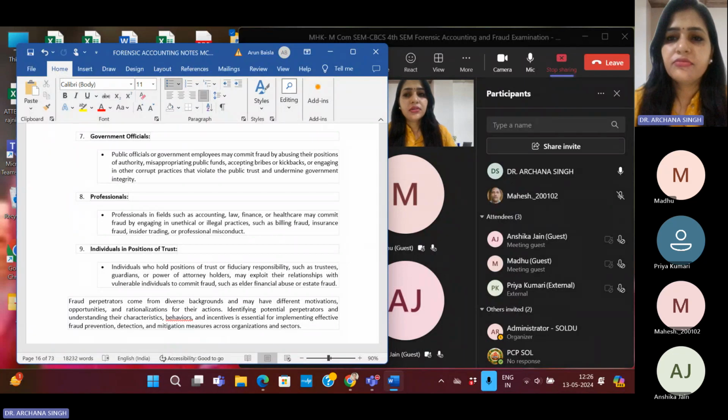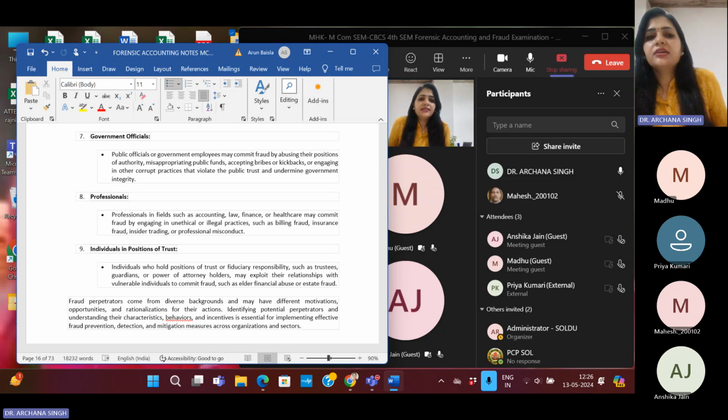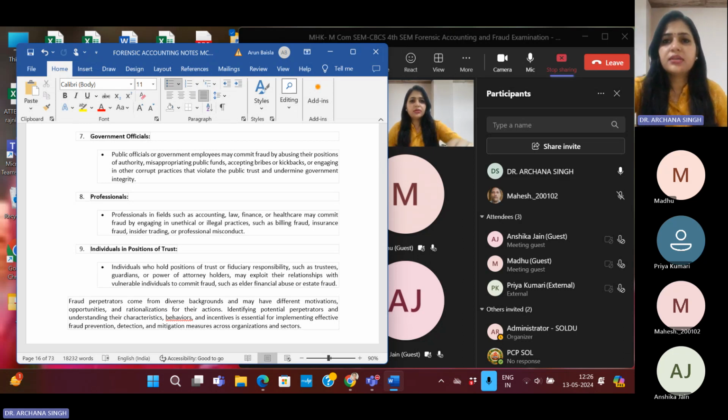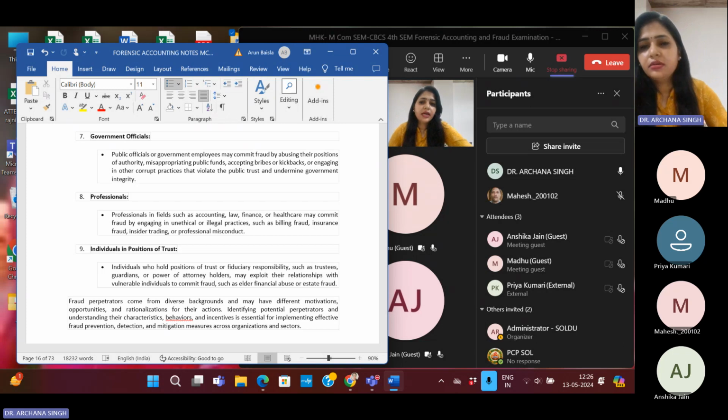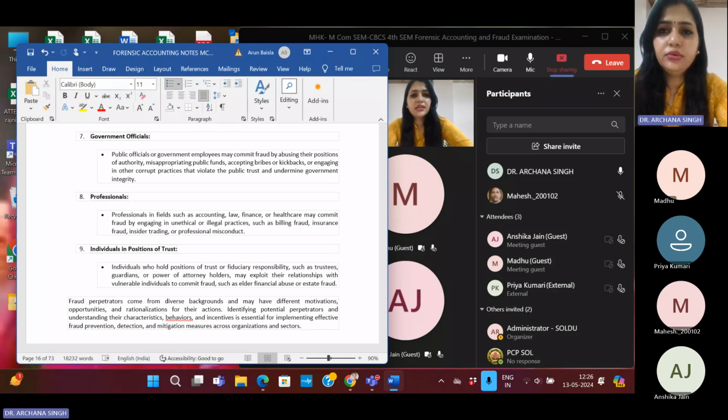So government officials may also be in the fraudulent activities. Then professionals in the field of accounting, law, healthcare, and the health insurance sector also may commit fraud by engaging themselves in illegal and unethical practices such as billing fraud, like insurance fraud, insider trading, and professional misconduct. These things they can do.